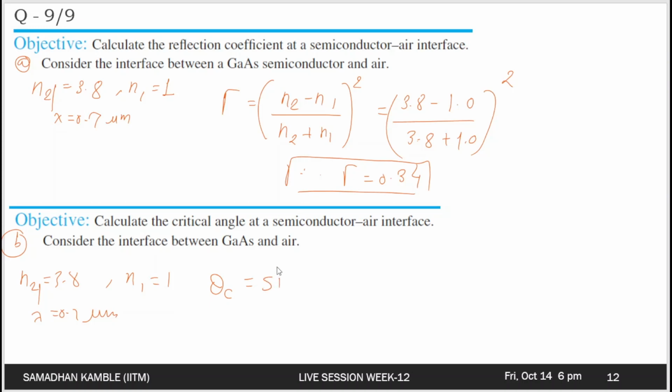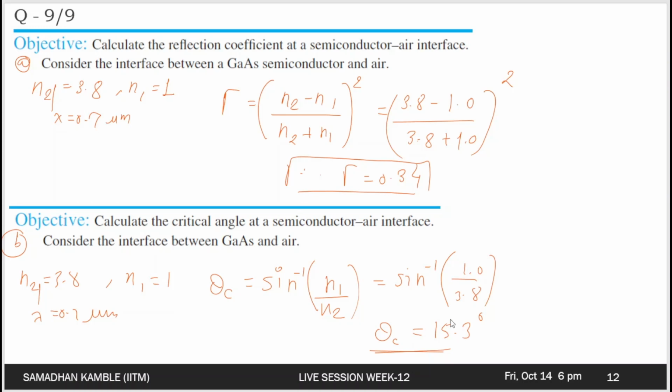It is nothing but sine inverse of N1 over N2. If we substitute the refractive indices, that is sine inverse of 1 over 3.8, which is 15.3 degrees. So any photon that is incident at an angle greater than 15.3 degrees will be reflected back into the semiconductor.